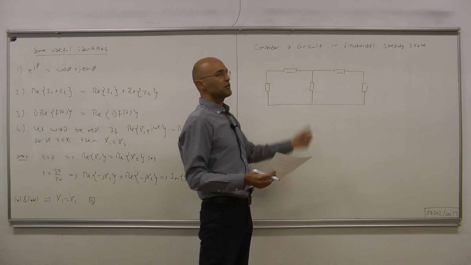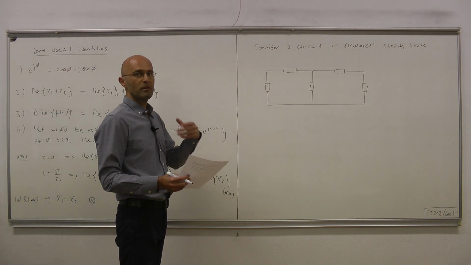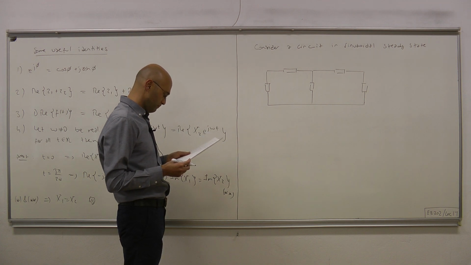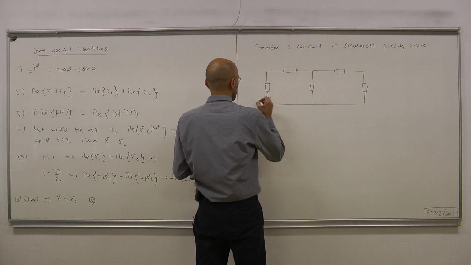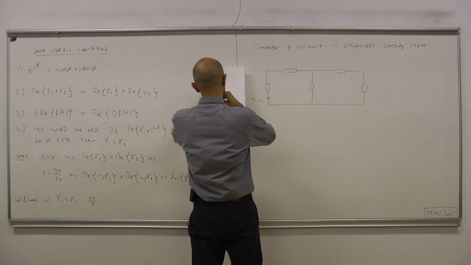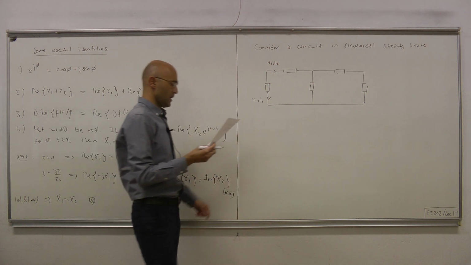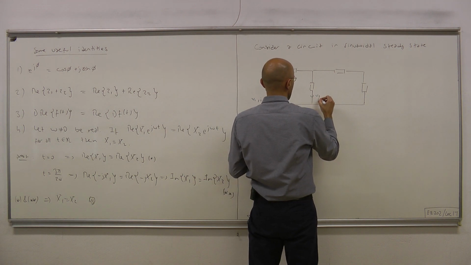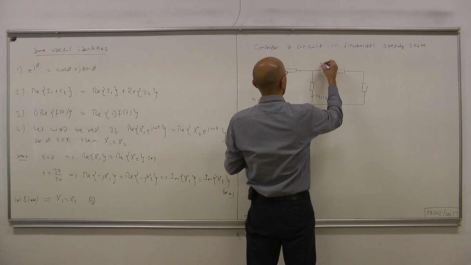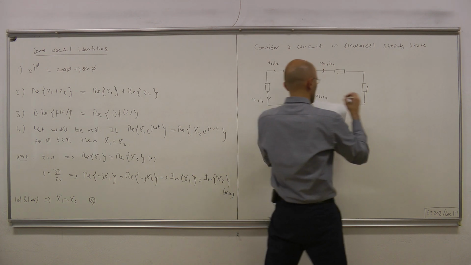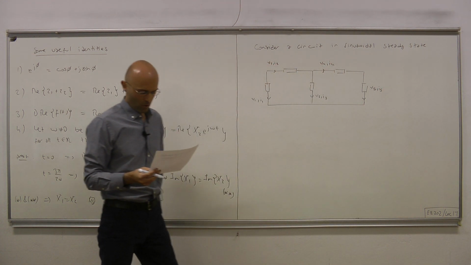In other words, all the voltages and currents throughout the circuit will be oscillating at the same frequency. They will be sinusoidal signals. So let's label the voltages and currents. This is V1 and I1, and here we have the voltage and current of the second component, and so on: V3, I3, V4, I4, and we have V5 and I5 for the fifth component.